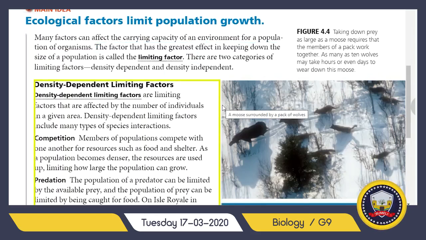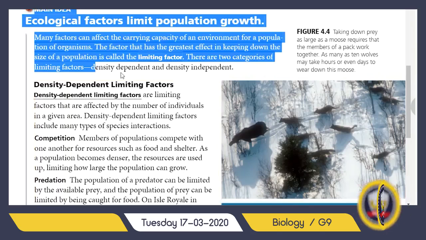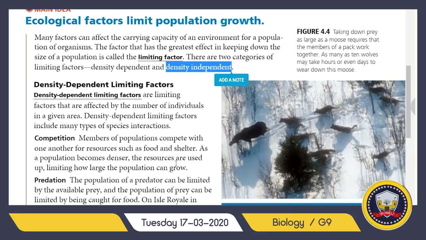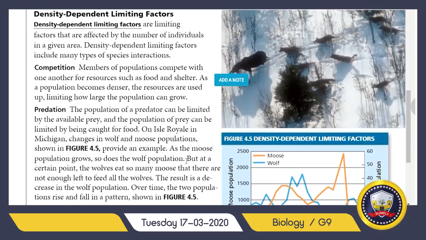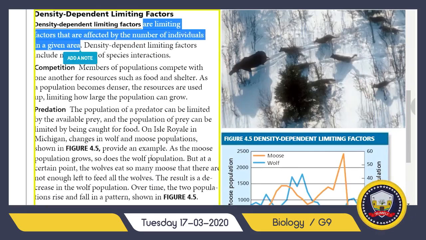Okay? Limiting factors are categorized by two parameters: density dependent and density independent limiting factors. So, density dependent limiting factors are limiting factors that are affected by the numbers of individuals in a given area.